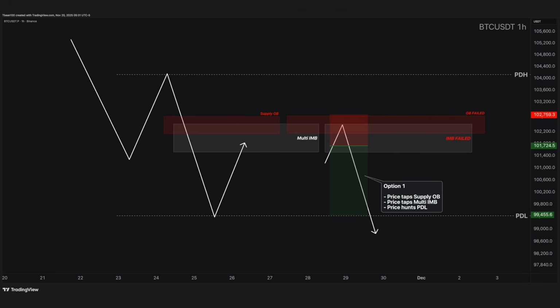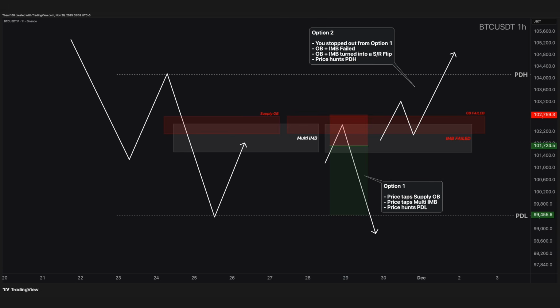So when the order block and the imbalance fail and you get stopped out, what can you actually do next? What should be your next move? We have to start thinking about how the structure is shifting and how the internal trend might be changing after a big failure like that.